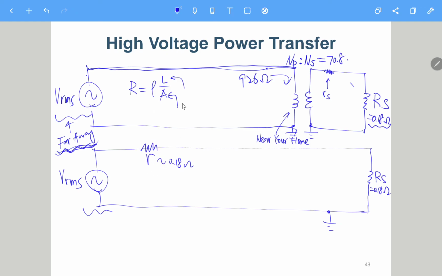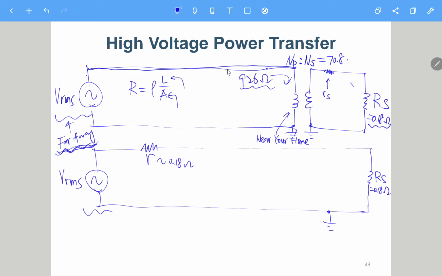But if we place a transformer near your home, then for this part, the impedance here is quite high, which is hundreds of ohm.